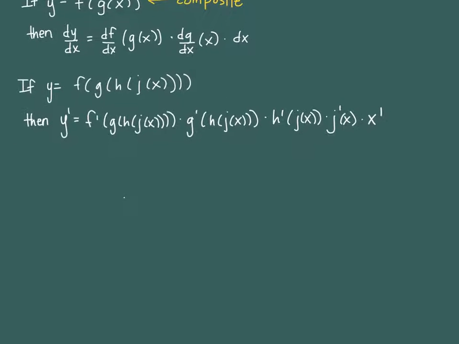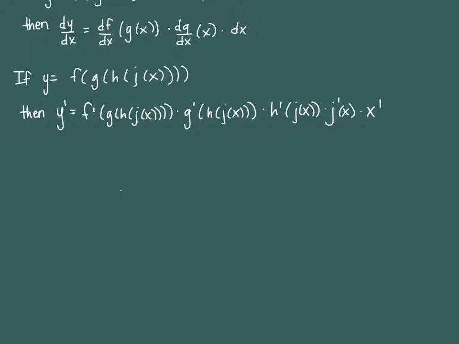So it's possible, no matter how long the composite function is, you just keep going. That's what the chain rule is: another link in the chain, another link in the chain, another link in the chain.